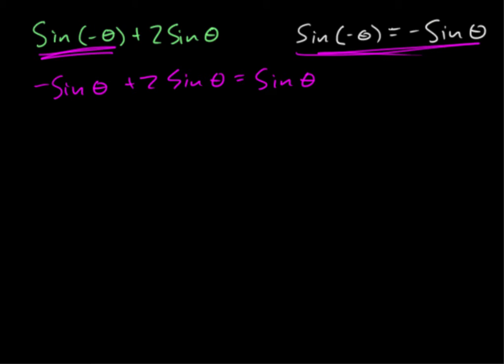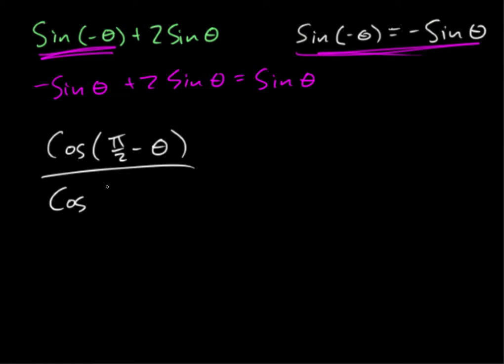Okay, the next thing we want to do is cosine of pi halves minus theta over cosine of pi minus theta.